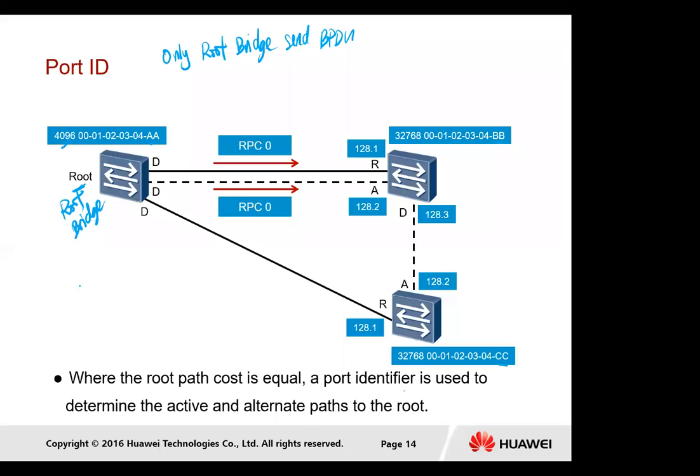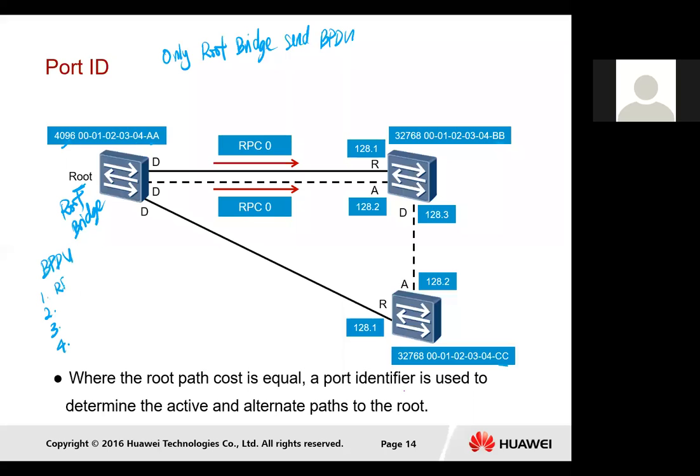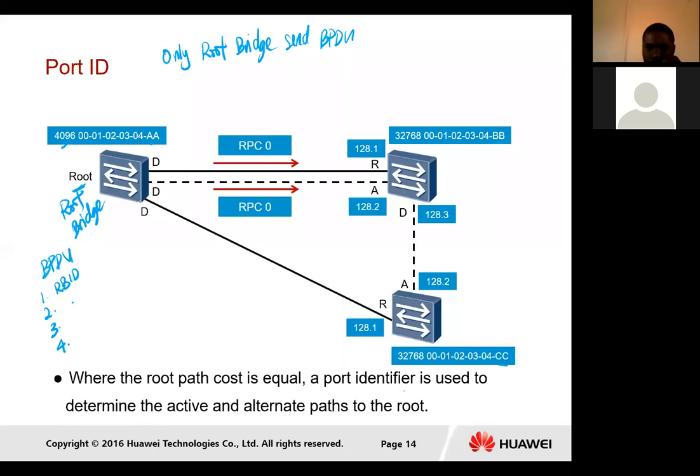As I mentioned just now, under the BPDU they will have 4 fields. First one, root bridge ID. Secondly, root path cost. Thirdly, local bridge ID. And the 4th, port ID.